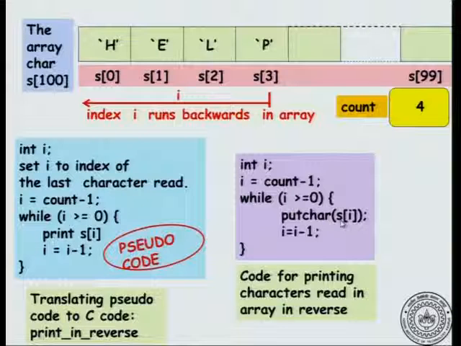Putchar takes a character as an argument and prints it onto the standard output. So you have int I set to count - 1, because that way we will get the last index of the character in the array, and then you start counting down until you print the first character at the start of the array.